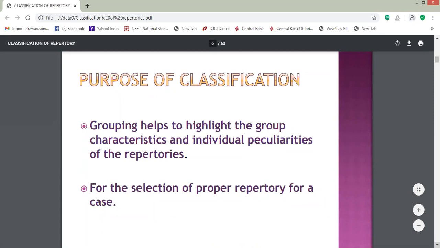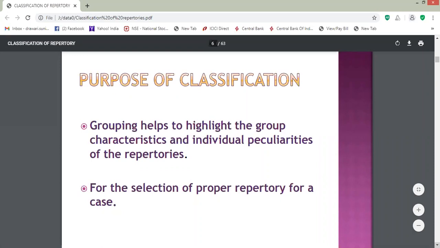So the purpose of classification is grouping of the repertories, and this will help to highlight the group characteristics, as if the repertories are based on some fixed philosophical background. Clinical repertories, from the name itself, suggest that they are based on clinical rubrics.